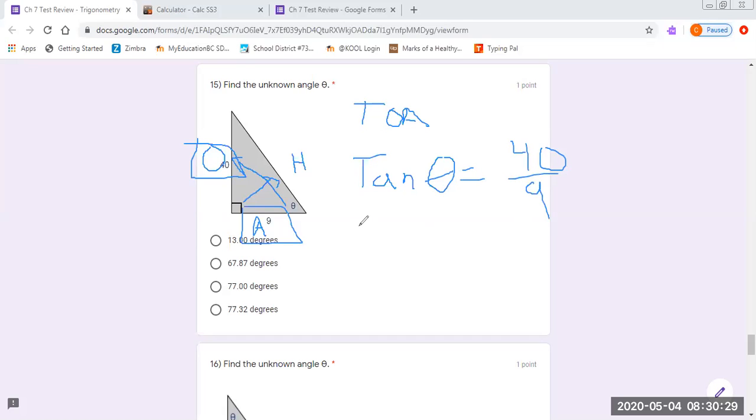So once again, to figure out theta, we simply go 40 over 9, and then we take the inverse function of tan. So that's the tan inverse. That's really badly written, but hopefully you can see what I'm writing there.